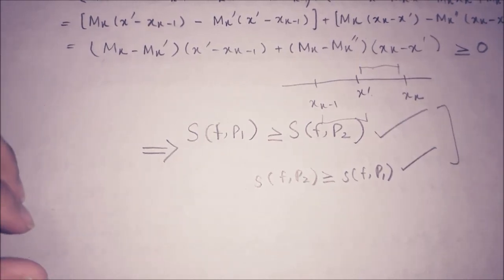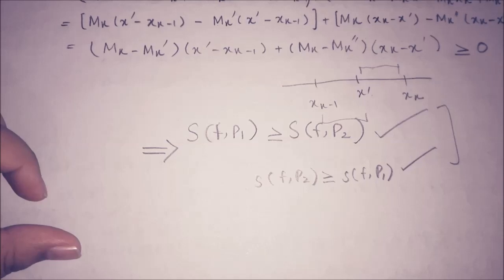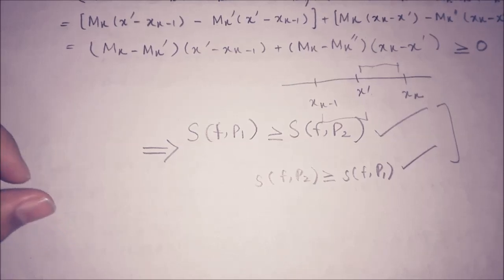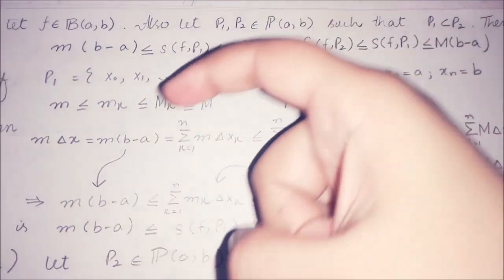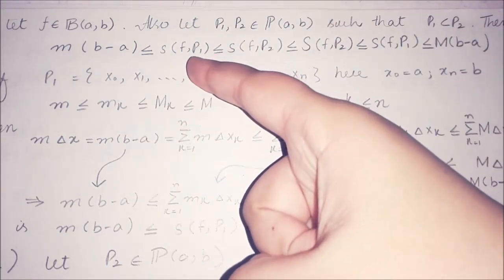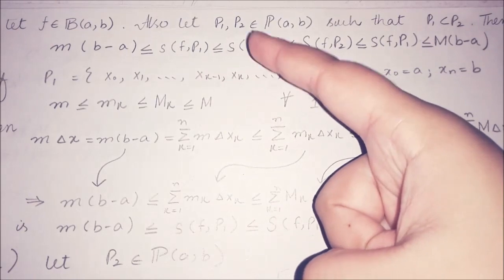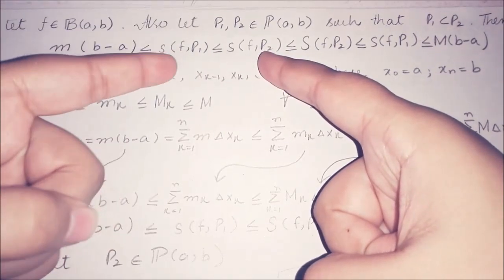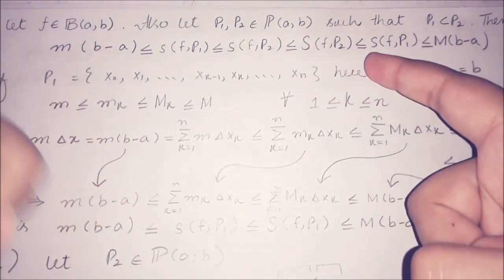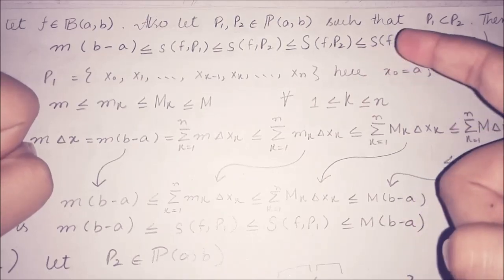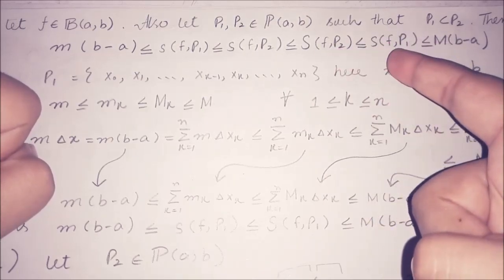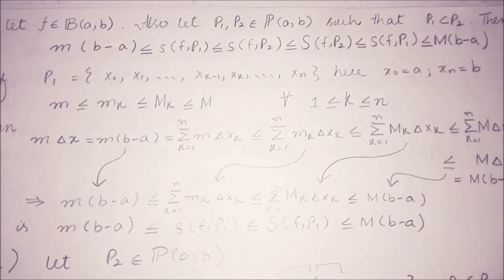And now we will write the complete statement here. So we have proved that the lower sum of the finer partition is greater than that of the coarser partition, and the upper sum of the finer partition is less than that of P1, the subset partition.